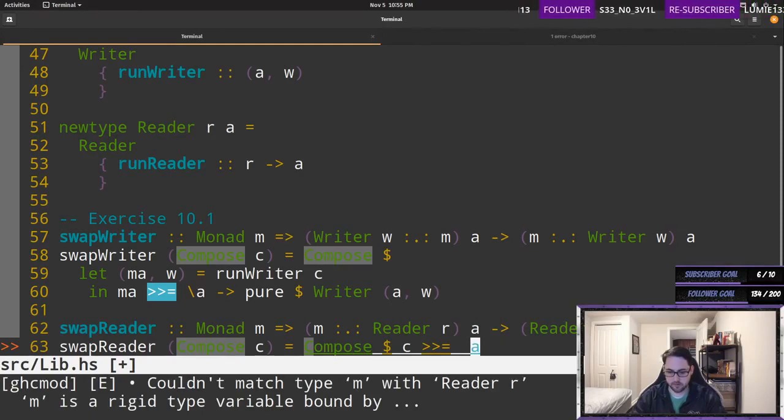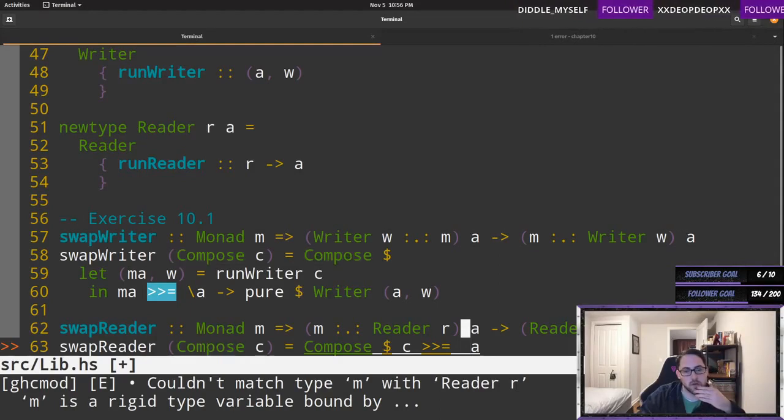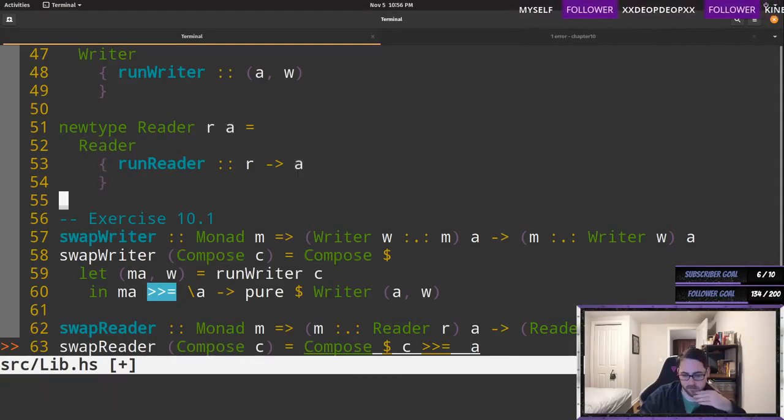Yeah, see, that just complains because it's not possible. I feel like I'm misunderstanding this question. Or is this supposed to be a... Wait, no, that doesn't matter.